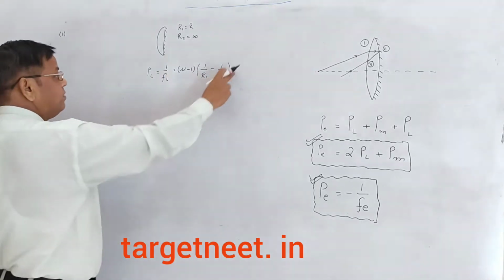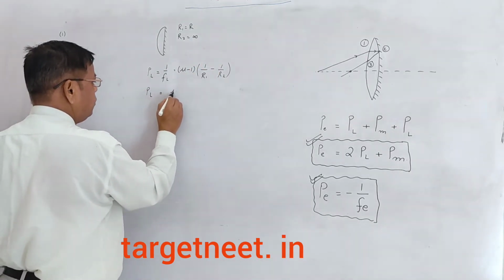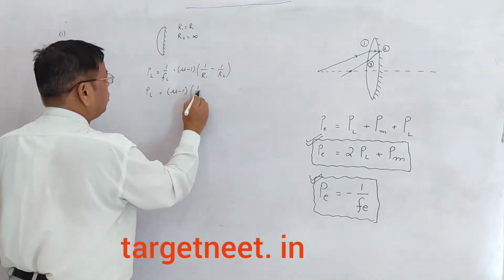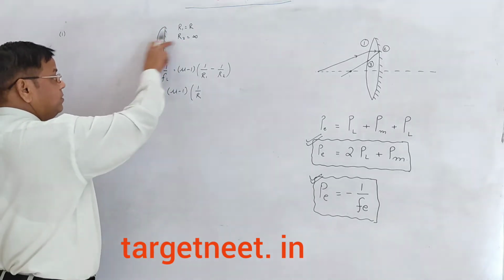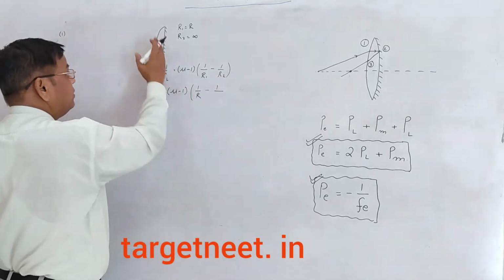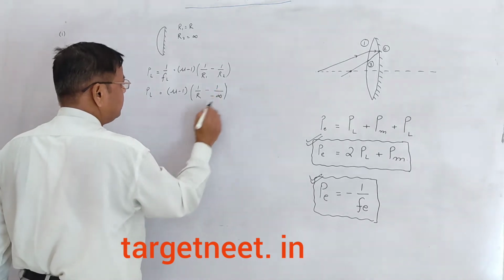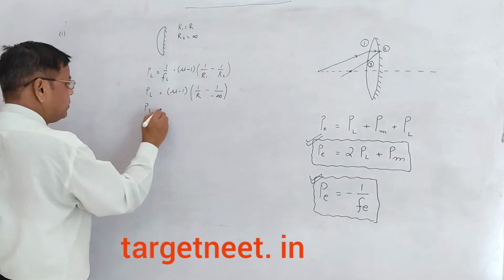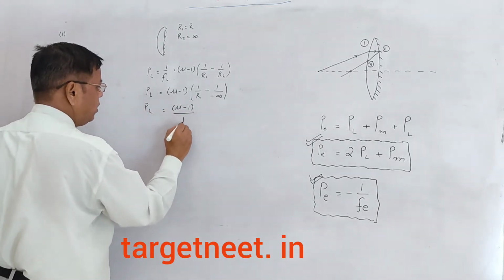This is positive for a convex surface, and with R2 infinity, that term becomes 0. So the power of lens PL is mu minus 1 upon R.